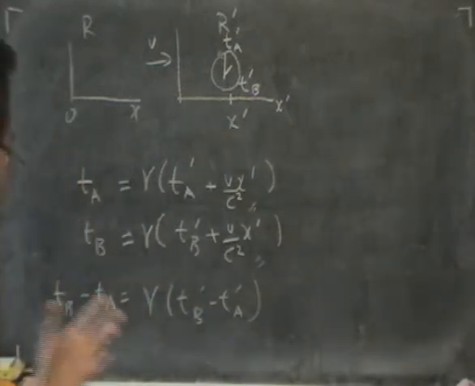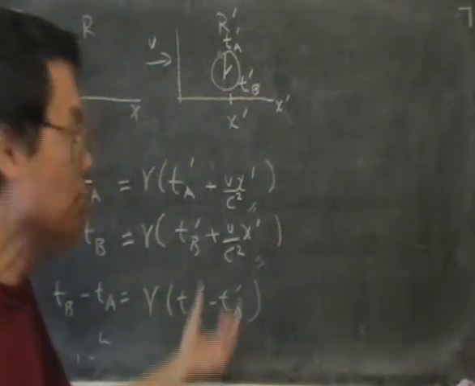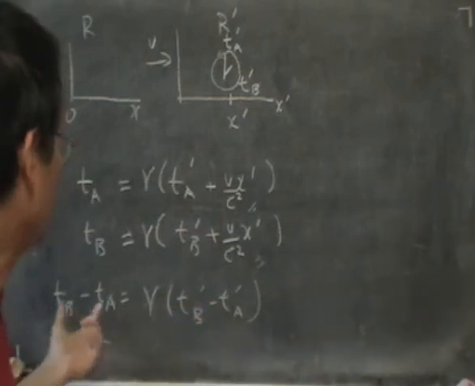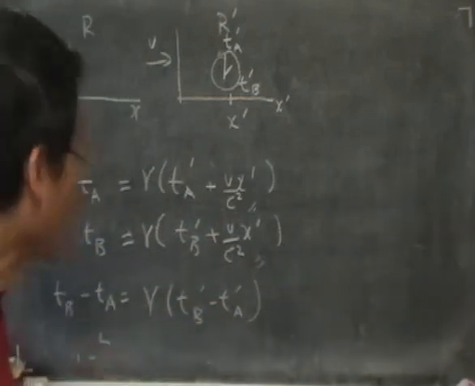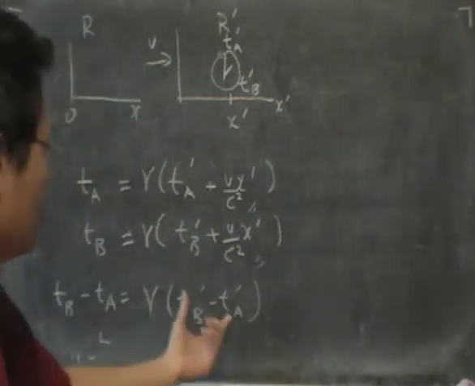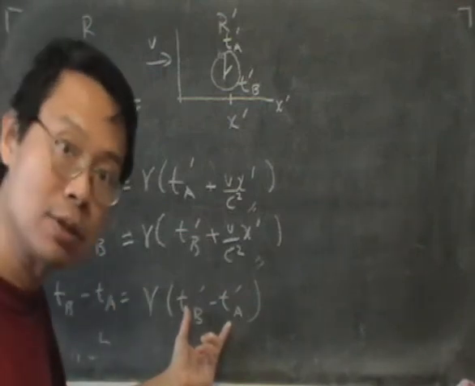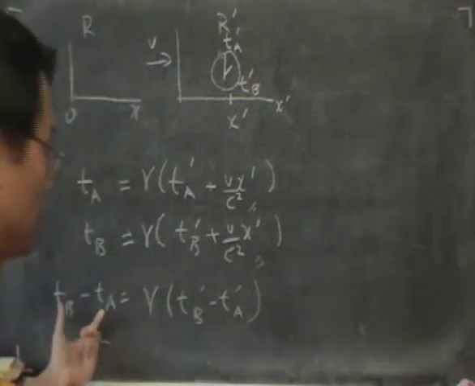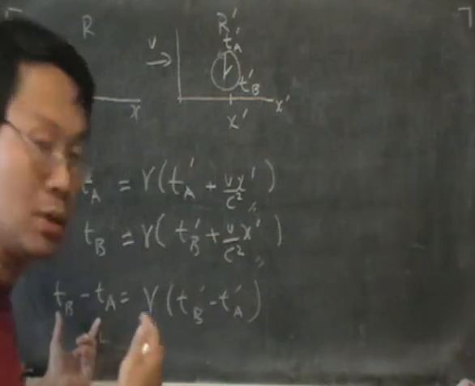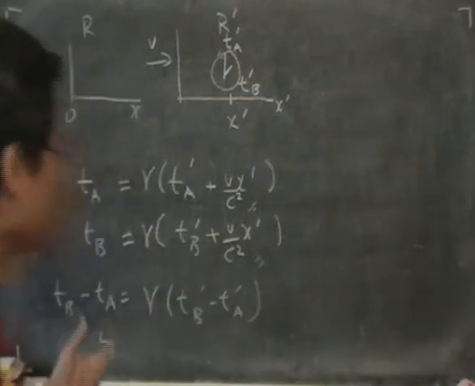So now I have the relation between the time duration measured by one observer and the time duration measured by the other observer. So this is measured by an observer which is at rest with the clock, but this is measured by an observer where they see the clock moving.